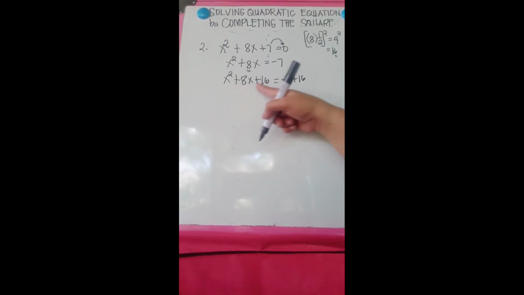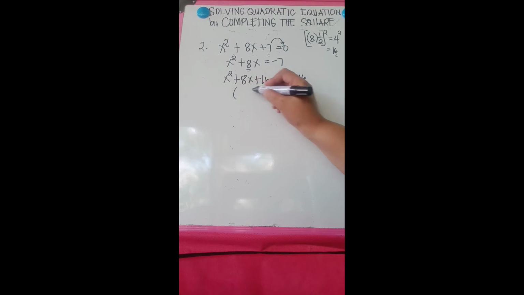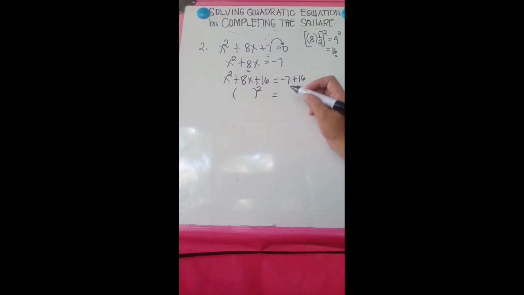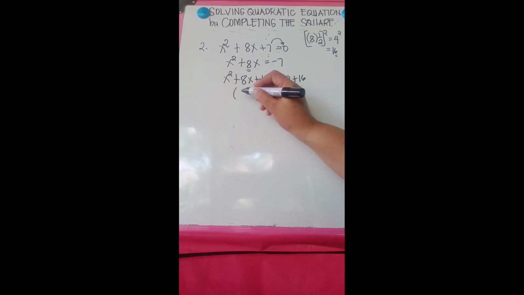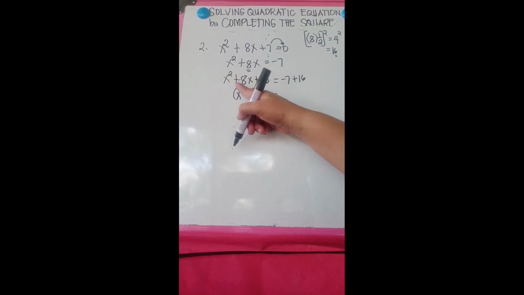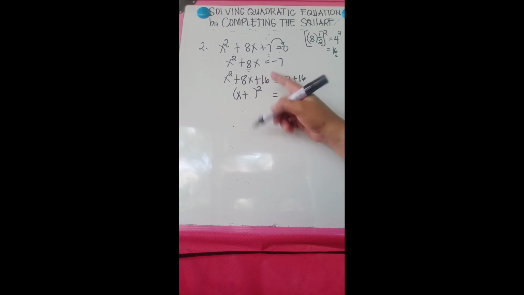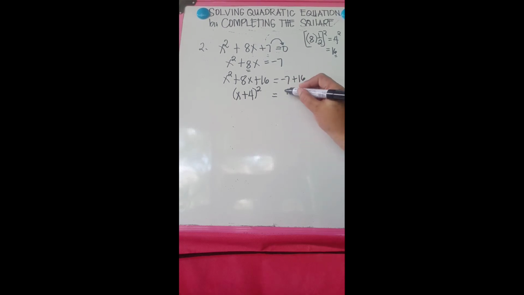So, we now express this as square of binomial. So, the square root of x squared is x, sign of the middle term is positive, and then square root of 16 is 4. And then, we have negative 7 plus 16. And, ano ang answer dito? We have positive 9. Okay.